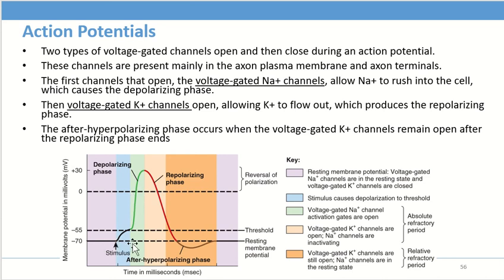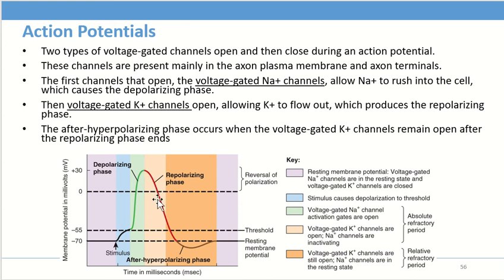This causes our resting membrane potential to go from minus 70 and become less negative because we're adding positively charged ions in there, sodium ions specifically, right? Becoming less negative until it is fully depolarized. This is caused by voltage-gated sodium channels. Then a voltage-gated potassium channel is going to open, and it's going to allow potassium to flow out of the cell, and this is going to produce the repolarizing phase.